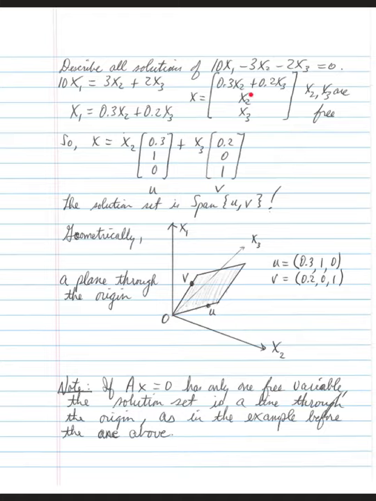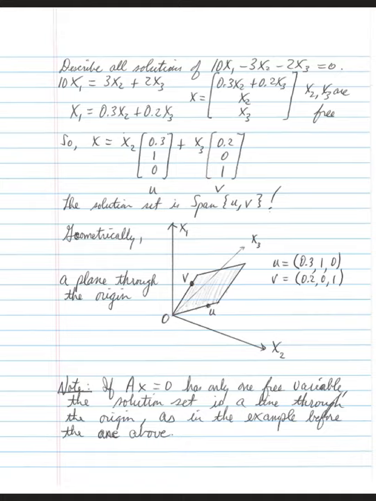This entry does not have x3, so that's 0, and then this one's an unwritten 1. These are the two vectors that can be scaled, creating a span, and that's your solution set.